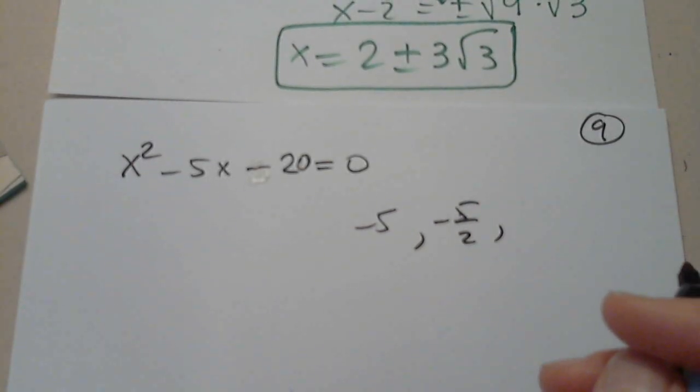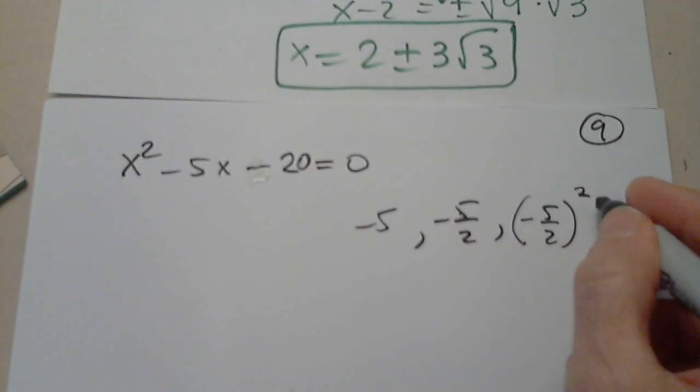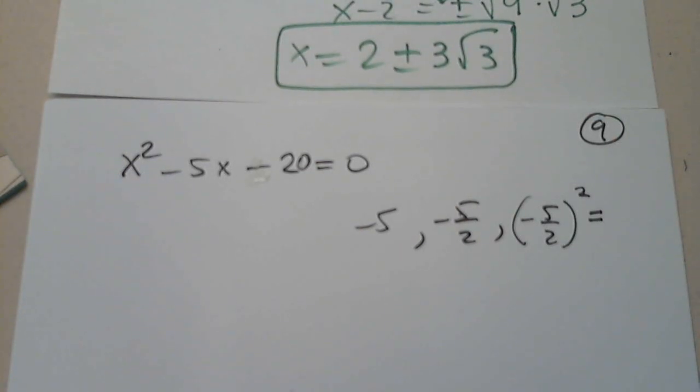Fine, negative 5 halves. But now I have to square negative 5 halves. What do I get when I square negative 5 halves? We know how to square this. We've done this. Yes, 25 over 4. Excellent.